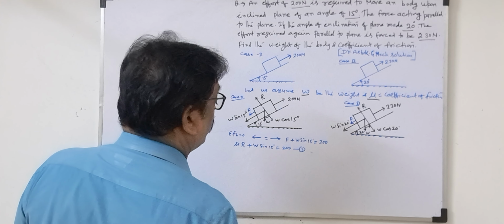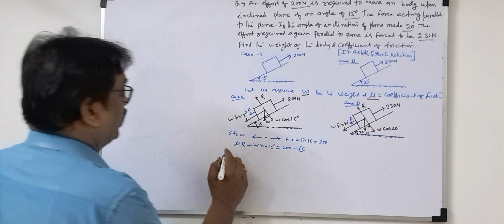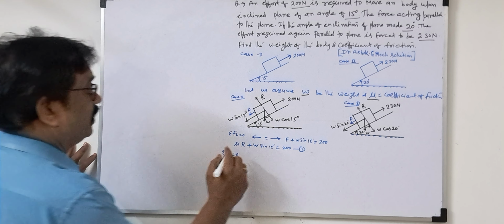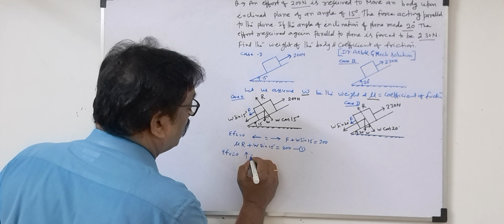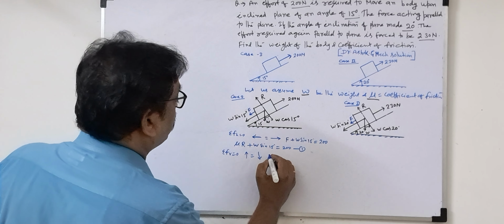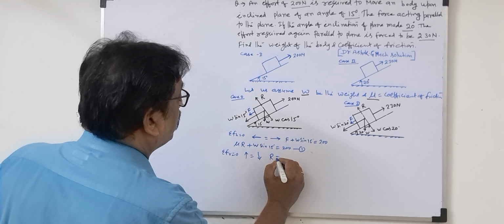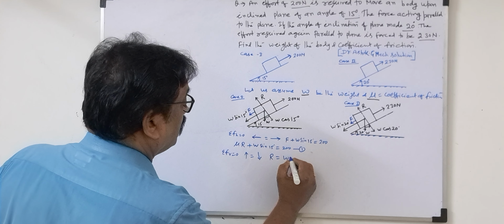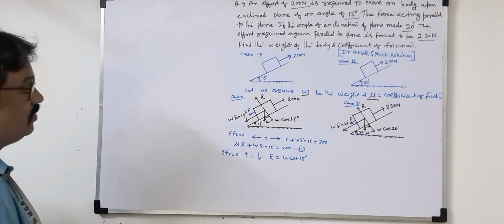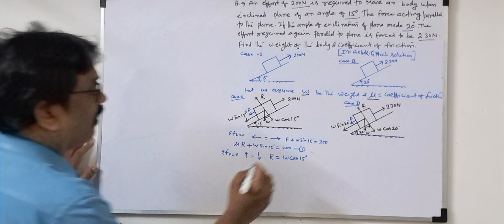Give this equation number 1. Now the second equilibrium equation is sigma FB equal to 0, that means total upward force equals total downward force. So R is equal to W cos 15 degree.